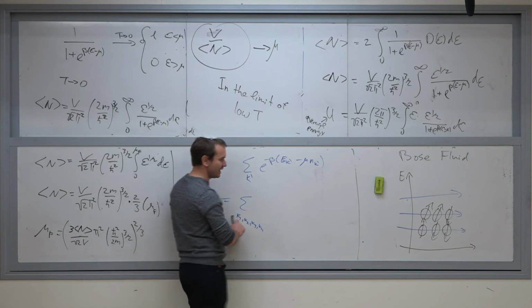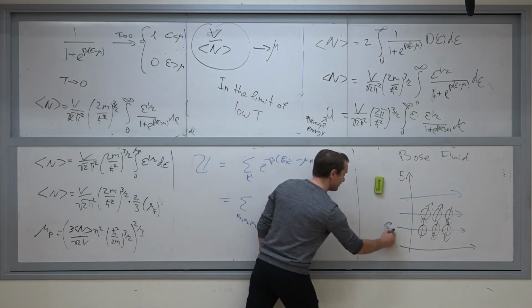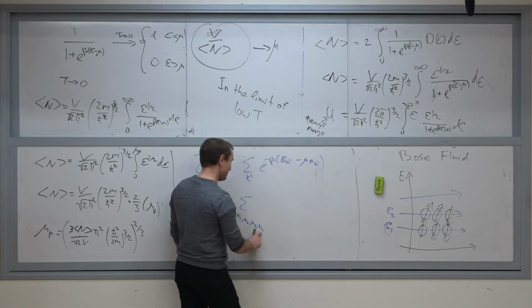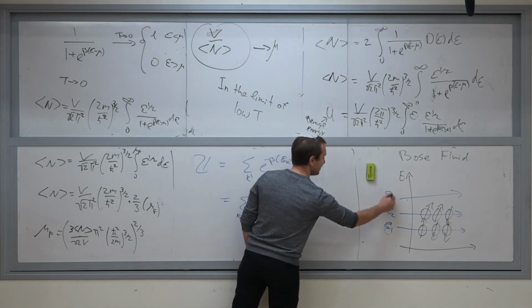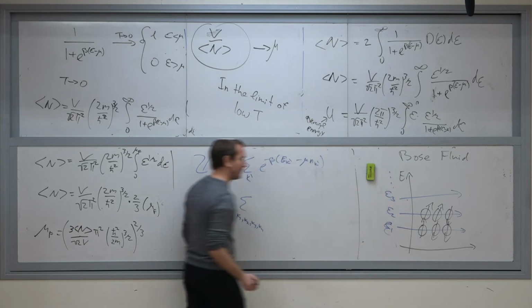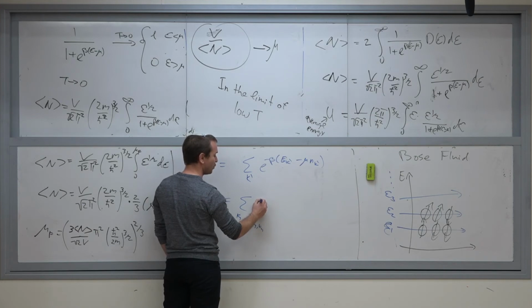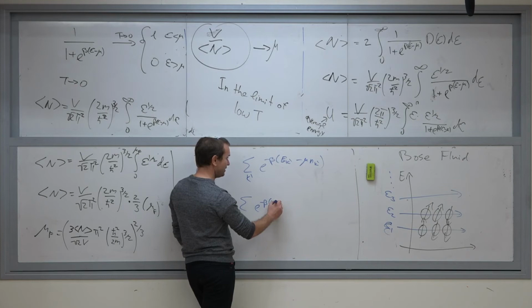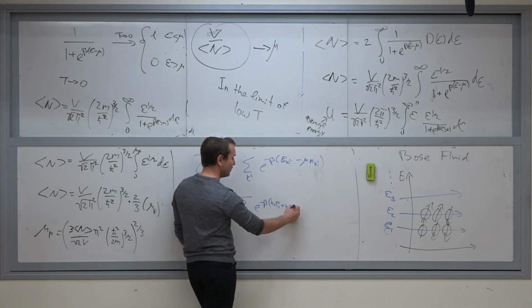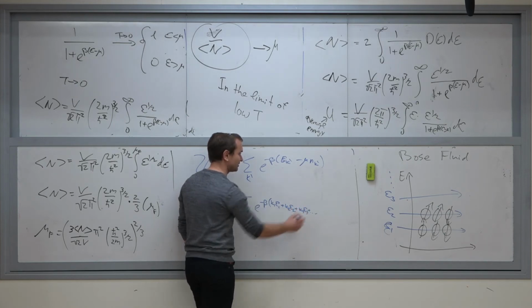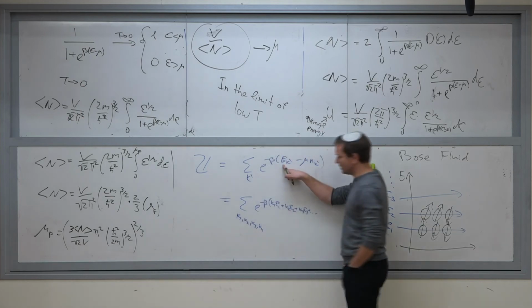K1 is the number of particles at state epsilon 1, K2 is the number of particles at state epsilon 2, and K3 is the number of particles at state 3, and so on. Here what I have is the exponent of minus beta, and I have K1 epsilon 1 plus K2 epsilon 2 plus K3 epsilon 3 plus and so on. So this is the energy of the system.